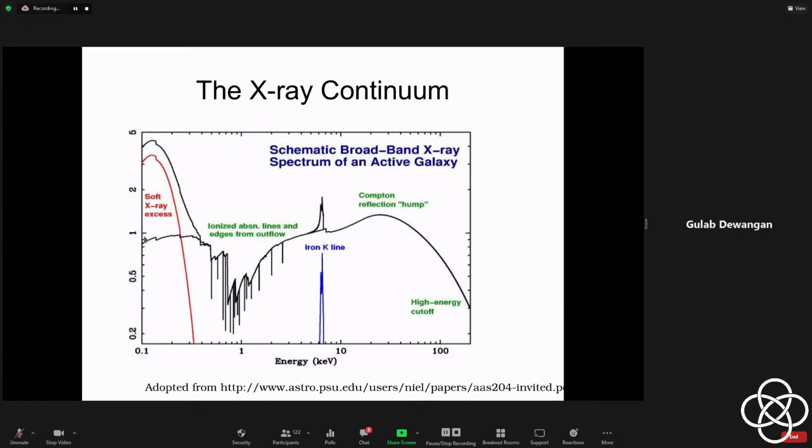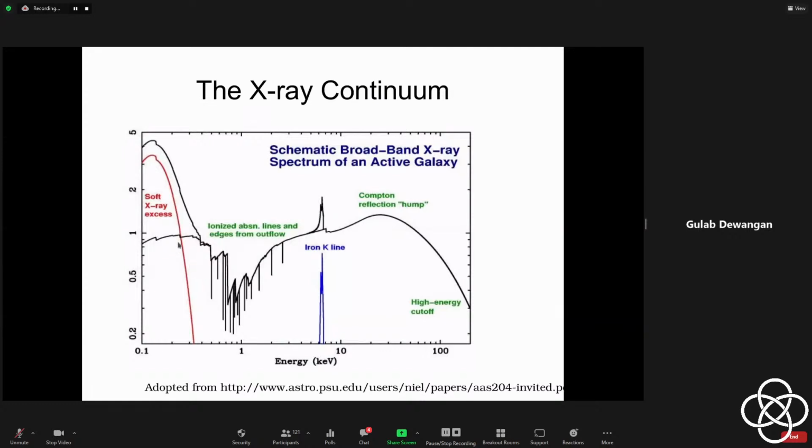So in this plot, a constant is essentially a power law of photon index 2. Okay, because this is a log-log plot, and we are multiplying the flux FE with the energy. So constant is essentially a power law of photon index 2, and this entire spectrum is dominated by a constant. Of course, there are departures from this.